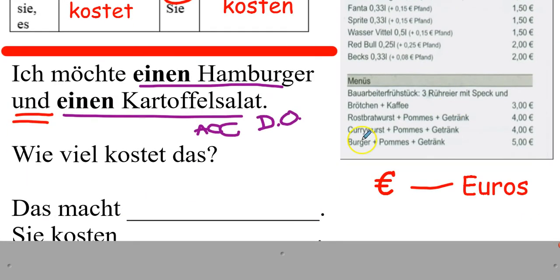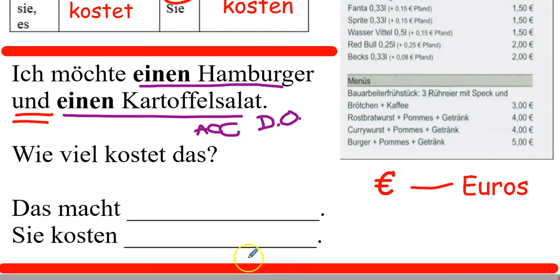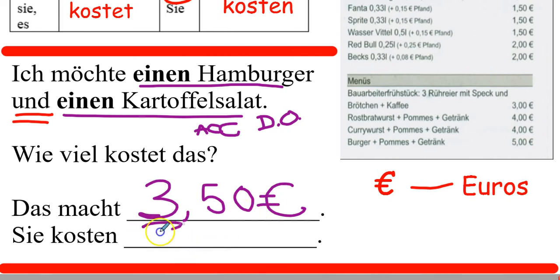That should get you, das macht 3,50 €. Or they cost, sie kosten 3,50 €. So two ways you could answer that.